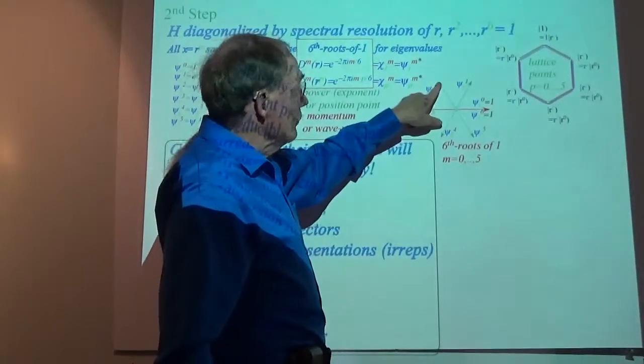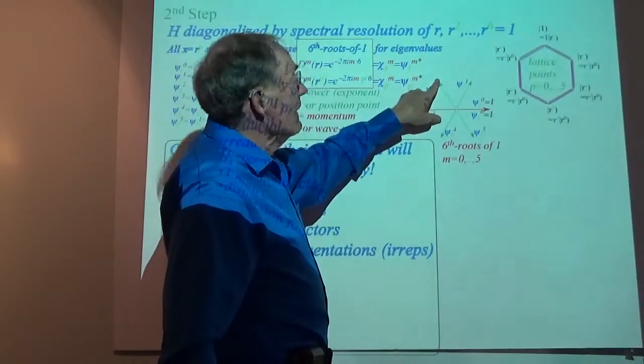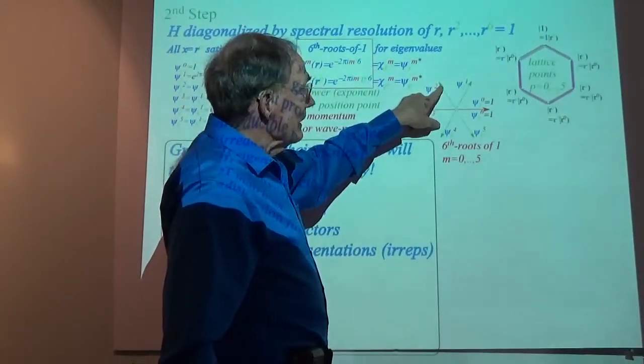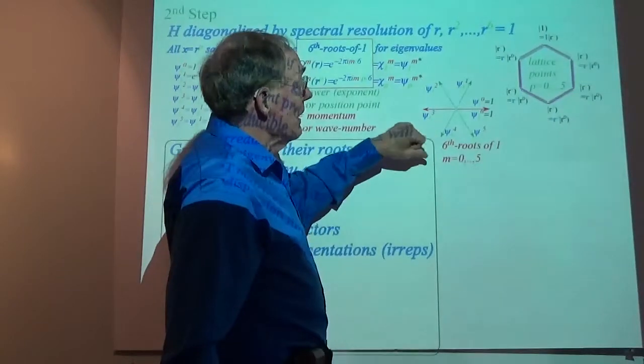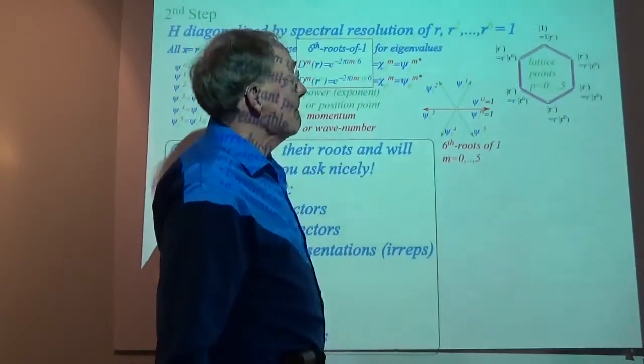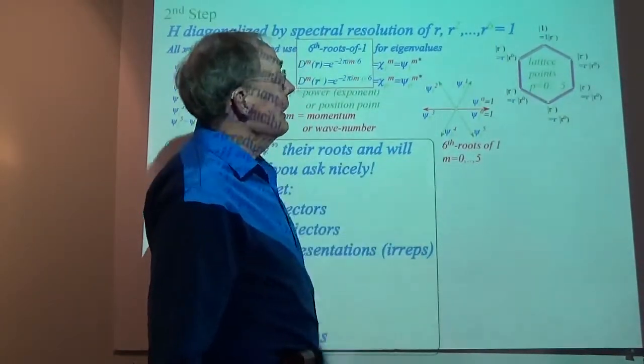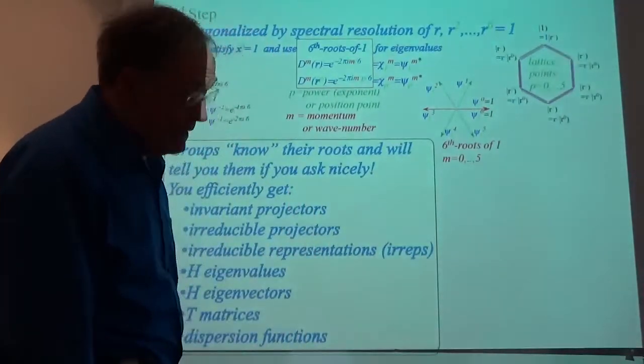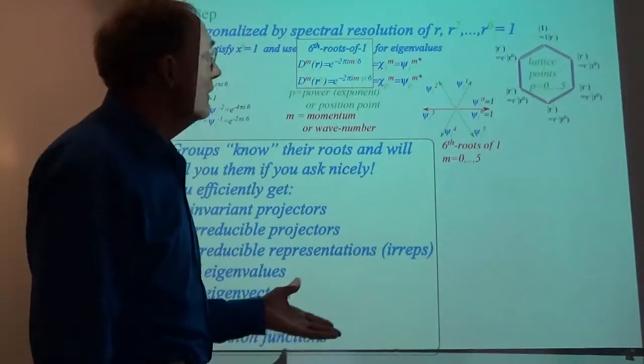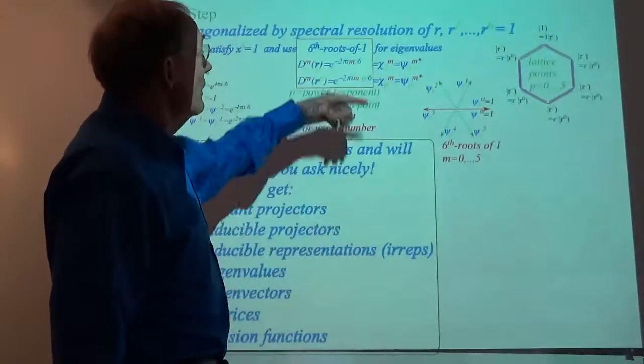Then e to the 2 times 2 pi i over 6. And then finally 3 times 2 pi over 6, which is -1. So 6 roots of 1. That's the key. Now we need a better picture of the roots and all of the characters.